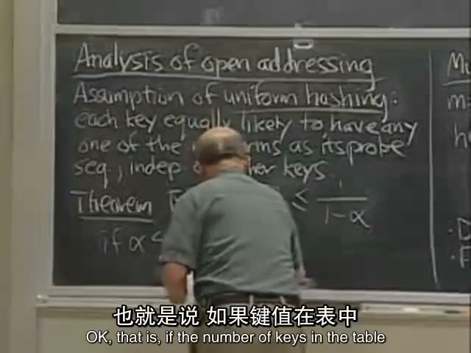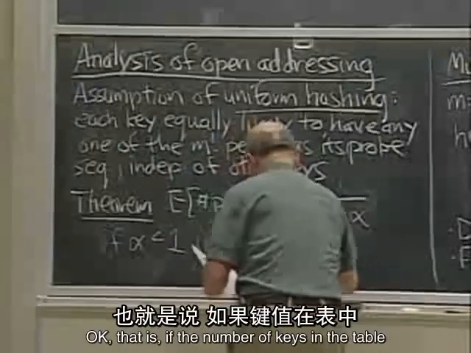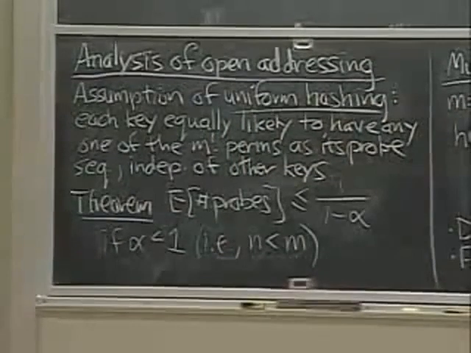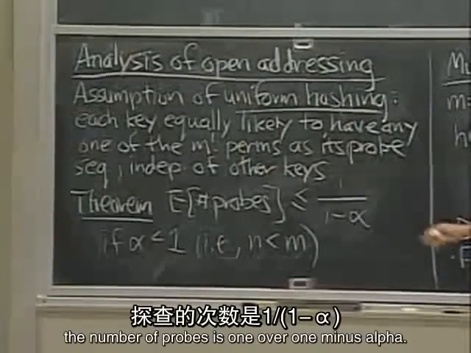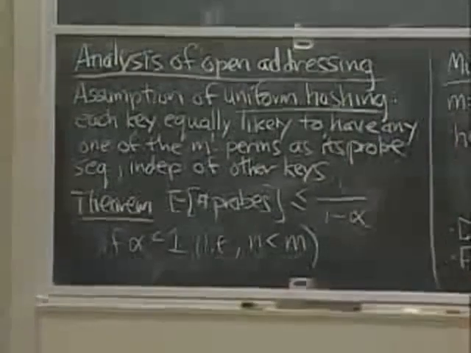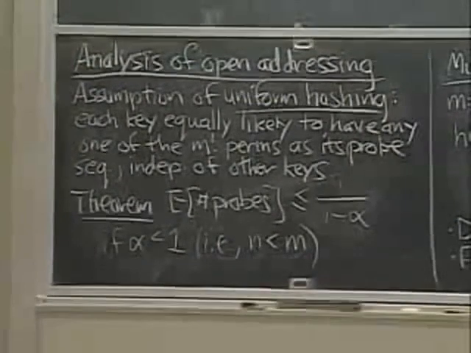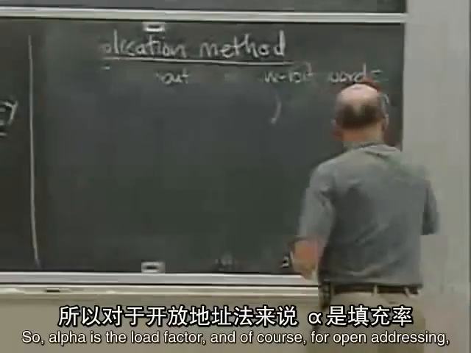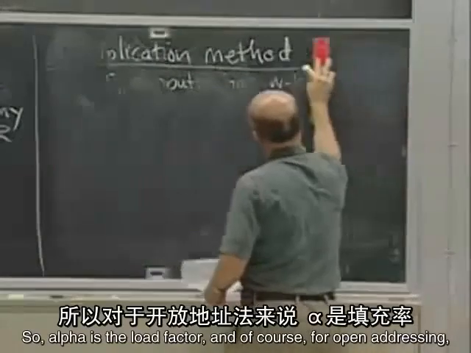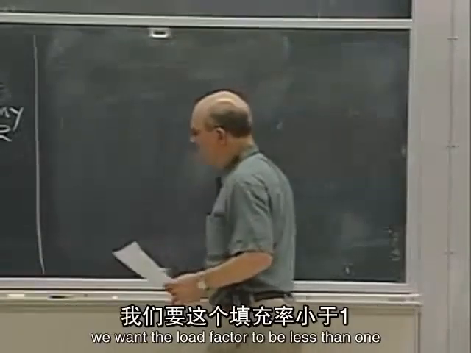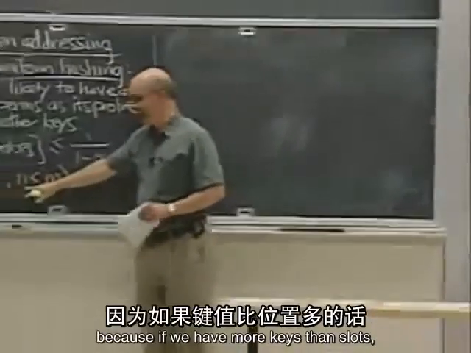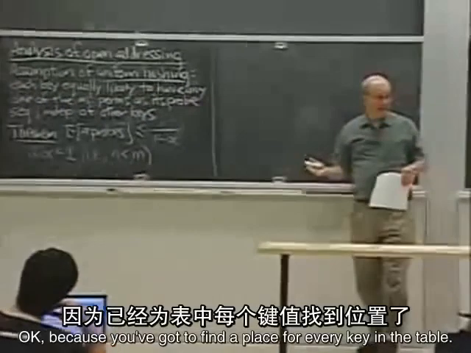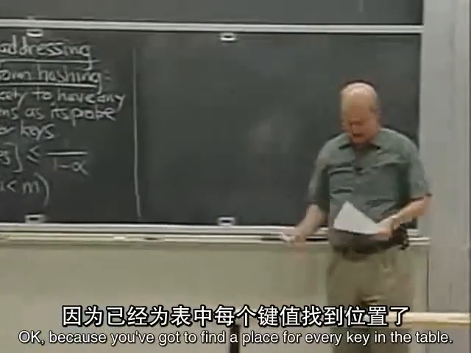That is, if the number of keys in the table is less than the number of slots. Alpha is the load factor, and for open addressing we want the load factor to be less than 1, because if we have more keys than slots, open addressing simply doesn't work. You have to find a place for every key in the table.